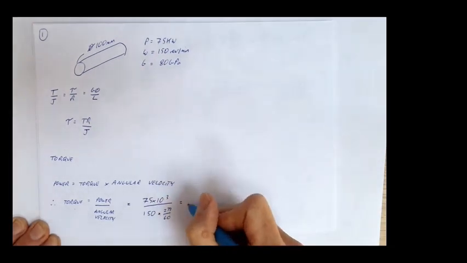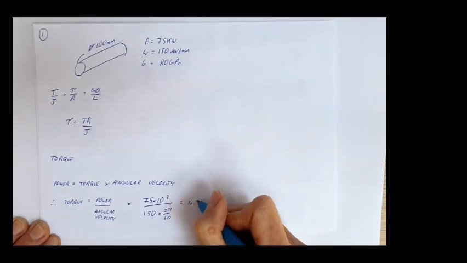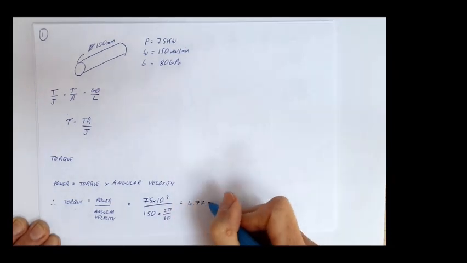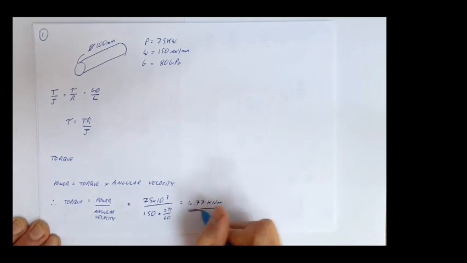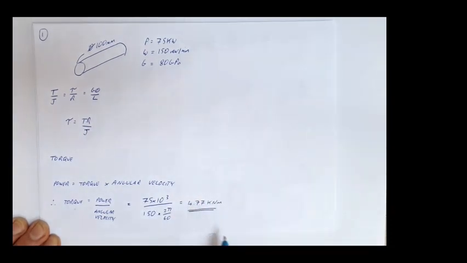If we calculate that, we get 4.77 kilonewton meters. Okay, that's the torque going through this shaft.